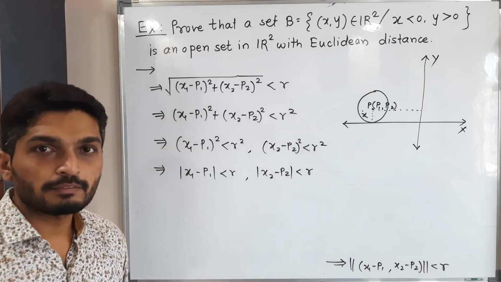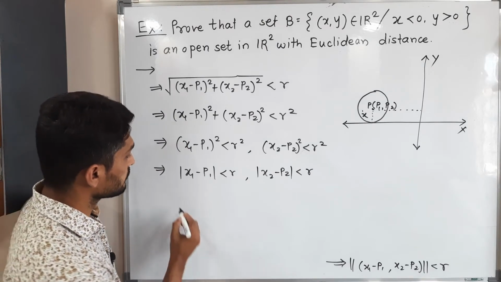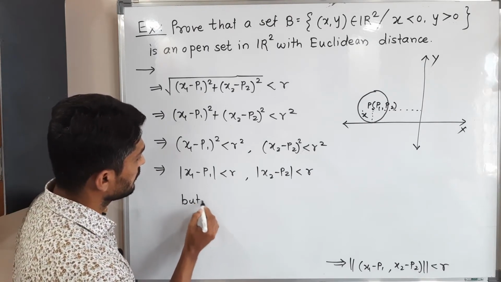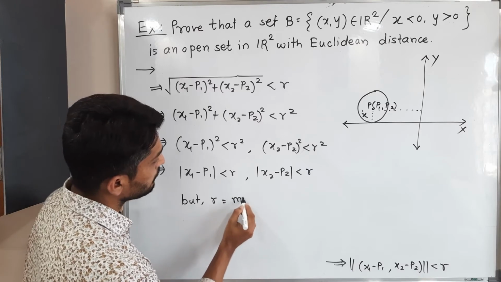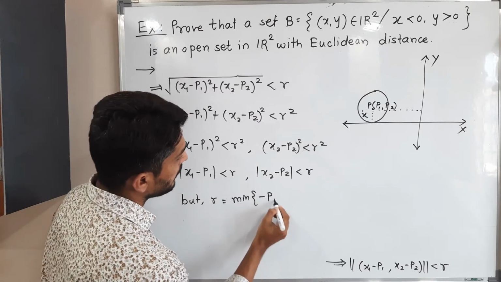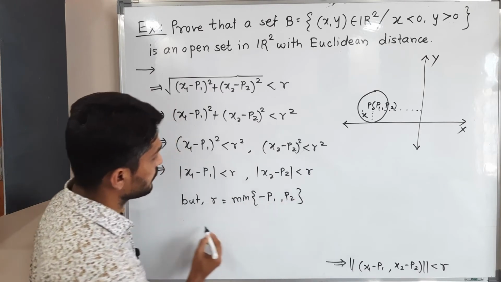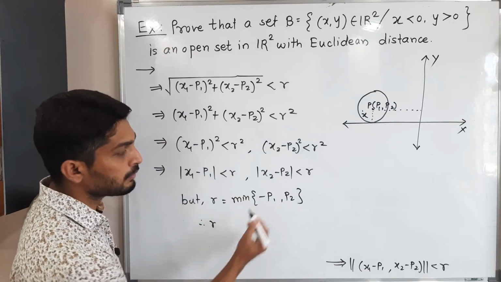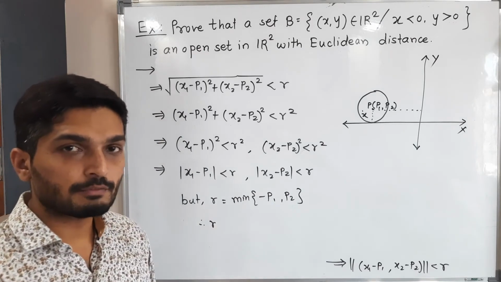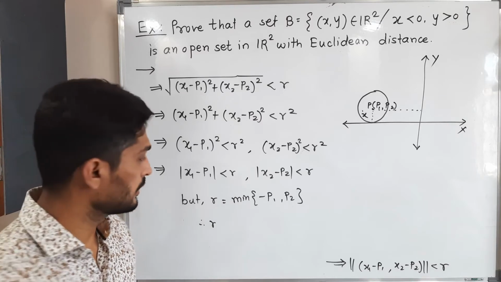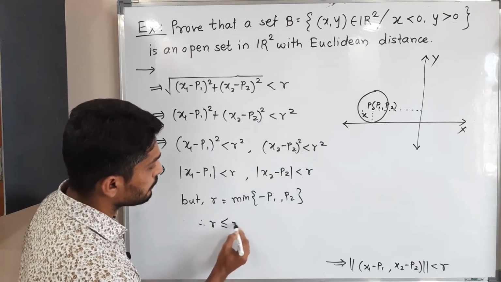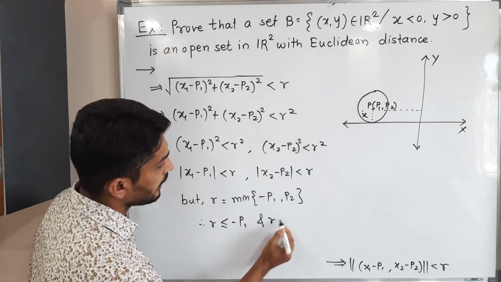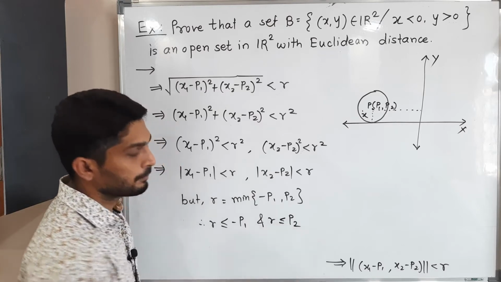But you remember the definition of r: r is equal to the minimum of minus p1 and p2. So r is the minimum of these two, which means r is less than or equal to each of them. So r is less than or equal to minus p1 and r is less than or equal to p2.